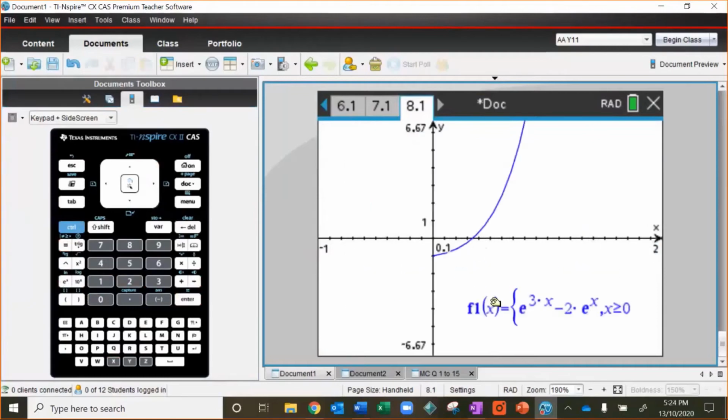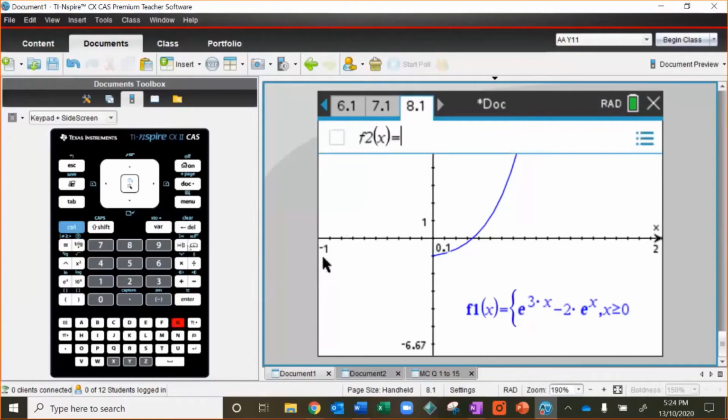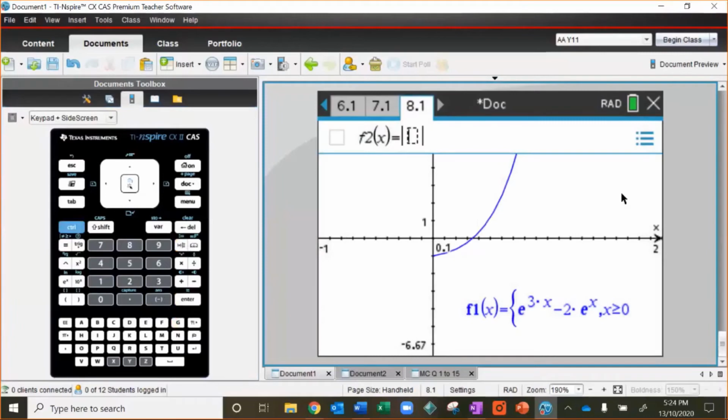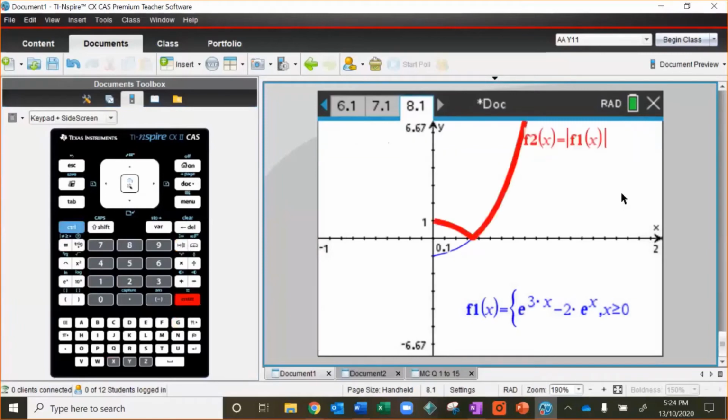So that's our graph. Now, we are after the distance, so what we can do now, we can sketch the modulus of this function, because we know that's how we actually find the distance using the definite integral of the modulus.